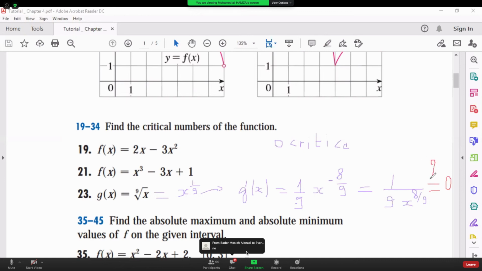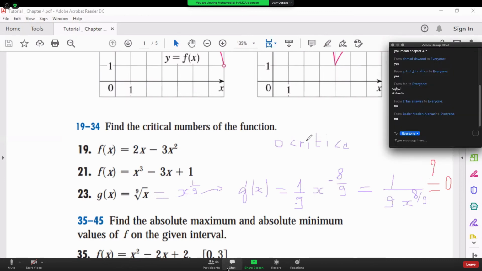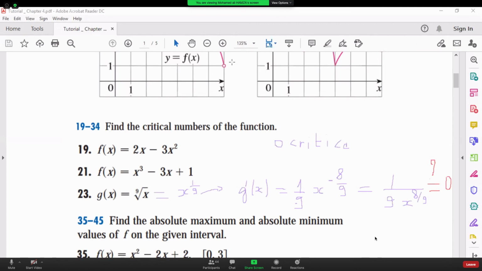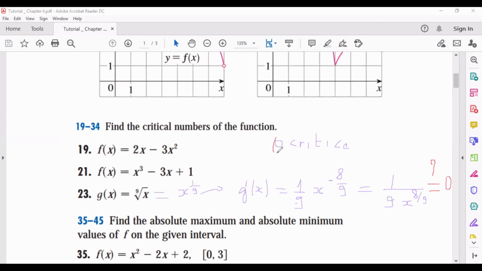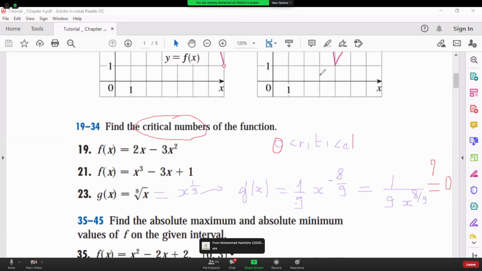No, it's impossible. That's why we have just 0 as a critical number. The only critical number for this case is 0. Is it clear for everyone, guys? Excellent. Let's move to the next example.